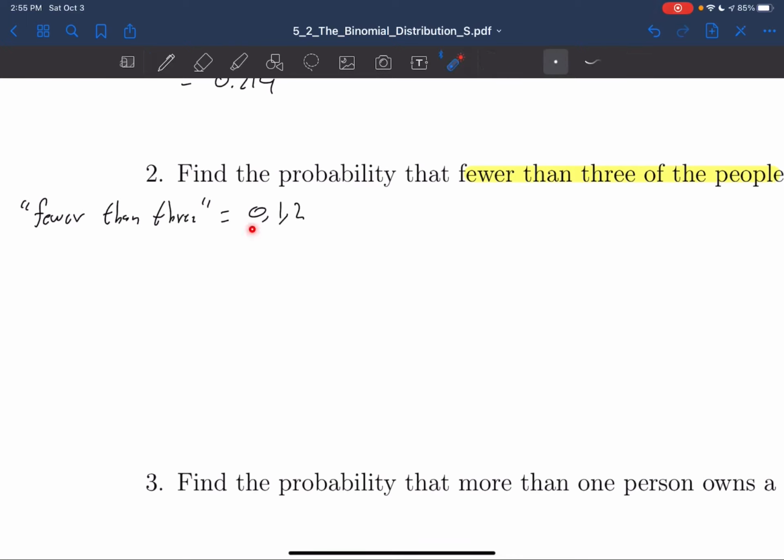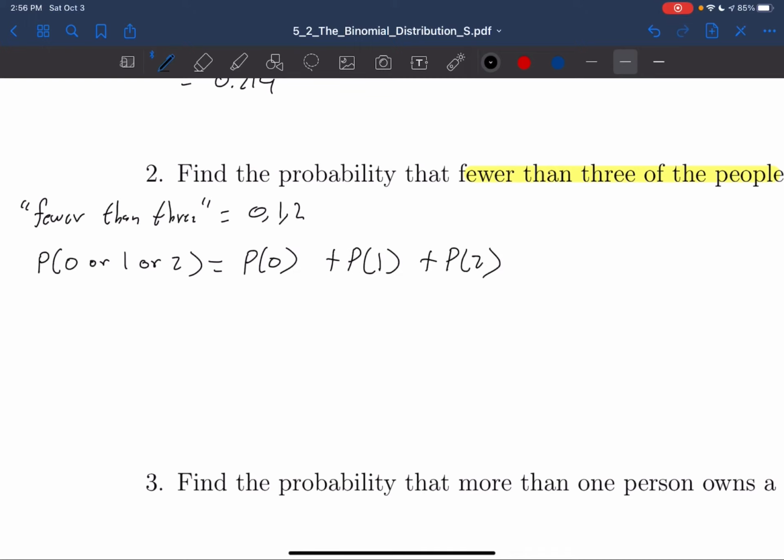So all it's asking is what is the probability that 0 or 1 or 2 people own some sort of tablet. Since we know that these trials are independent, this is just going to be the probability of 0 plus the probability of 1 plus the probability of 2.